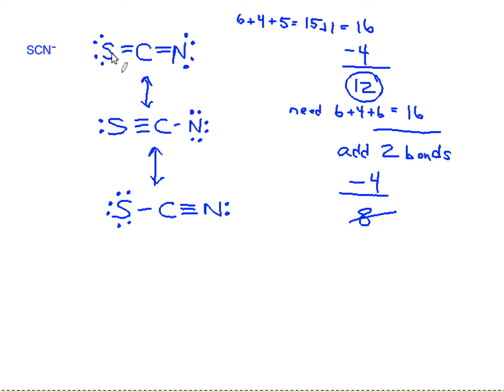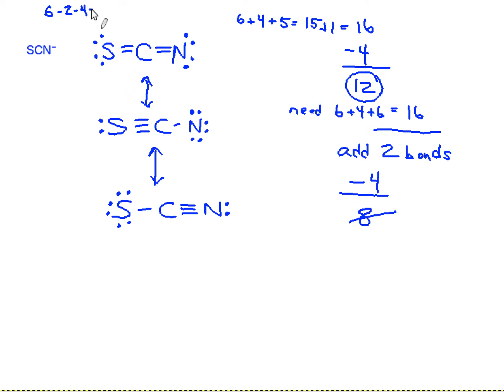Now, if you remember, formal charges can be done with an equation. This sulfur has 6 valence electrons. So let me do this up here. Here's 6. I subtract the number of bonds, and I subtract the number of lone pair electrons. So we have 4 lone pair electrons.